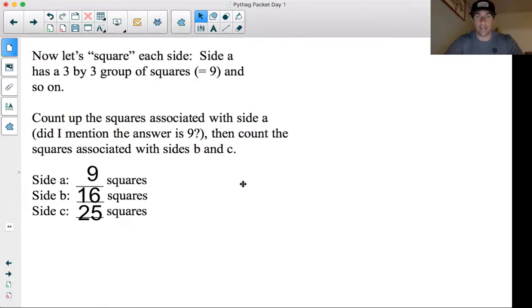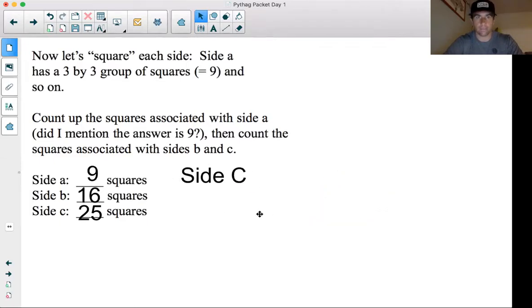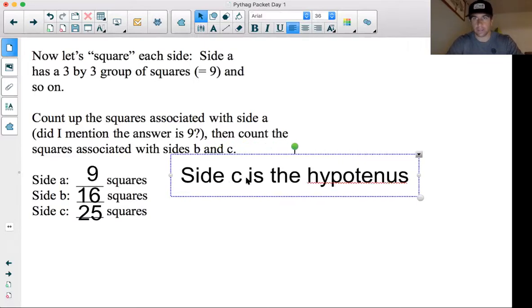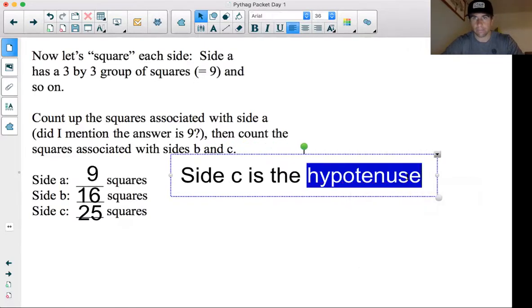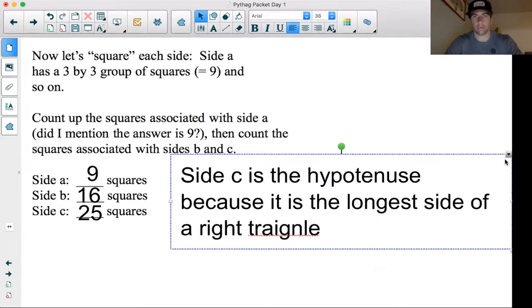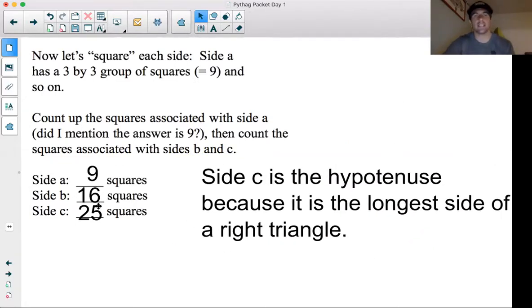So I'm going to write that here for you guys. So side C, in this case, is the hypotenuse because it's the longest side. So side C is the hypotenuse because it's the longest side. So if I had side C is 25, okay, kind of by itself, guys. Think about it by itself because it's the longest side, it's known as the hypotenuse.